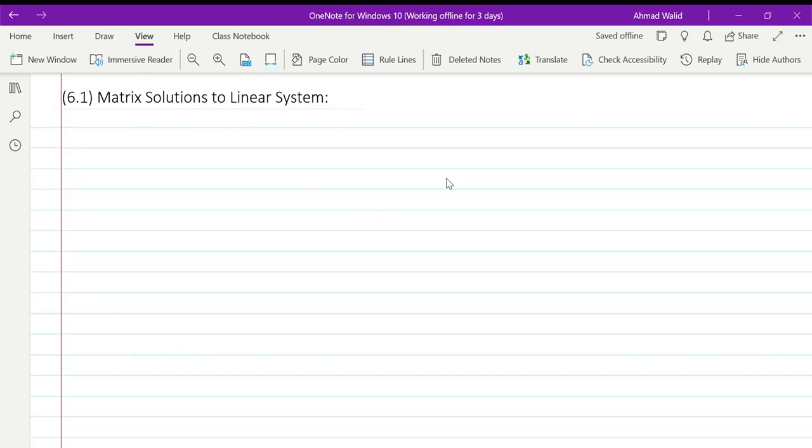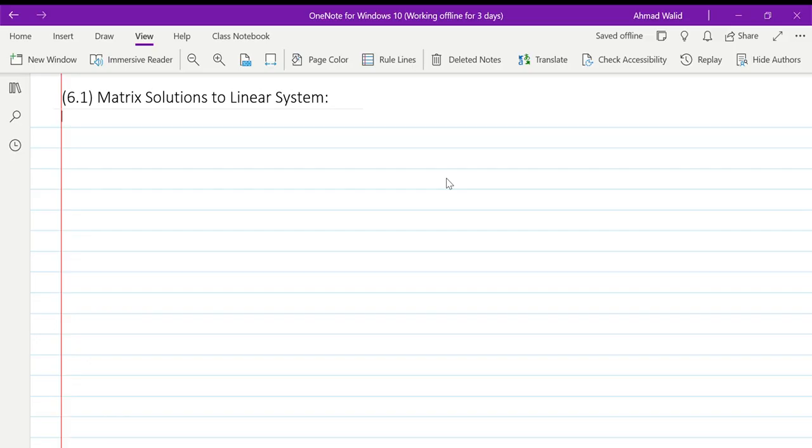Hello all, let's start section 6.1 of chapter 6. 6.1 is about a topic which we call matrix, and in 6.1 we cover matrix solutions to linear systems.